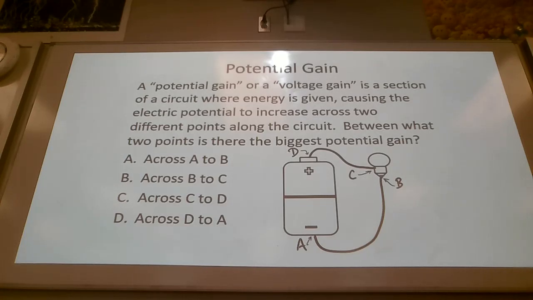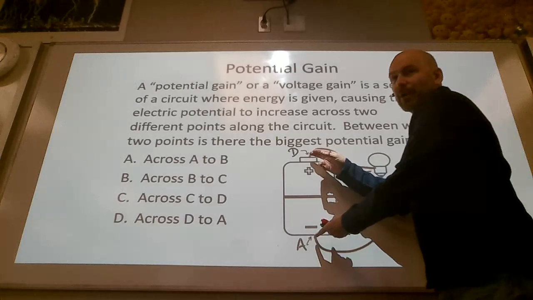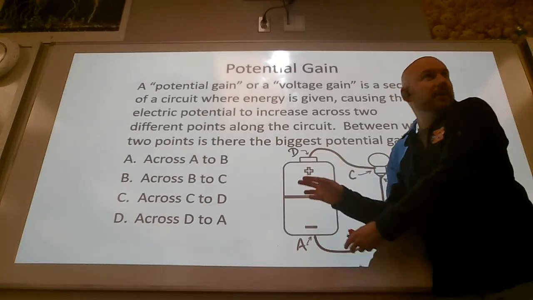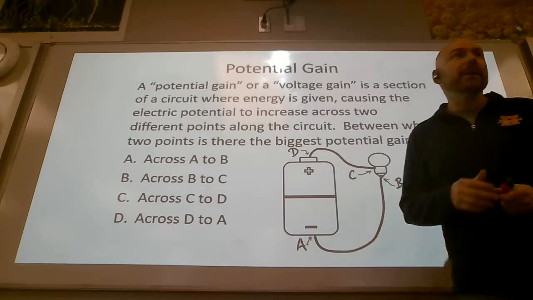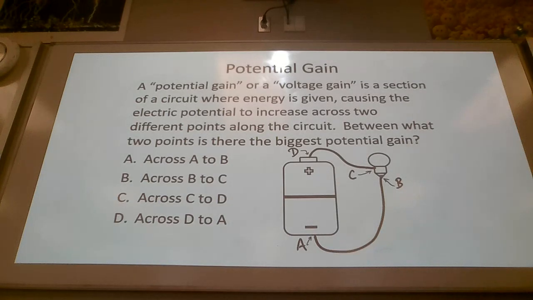This would be known as a potential gain or a voltage gain across that. It's the thing that pressurizes it. Some people liken a battery to a pump in the water flow analogy. So voltage gain.